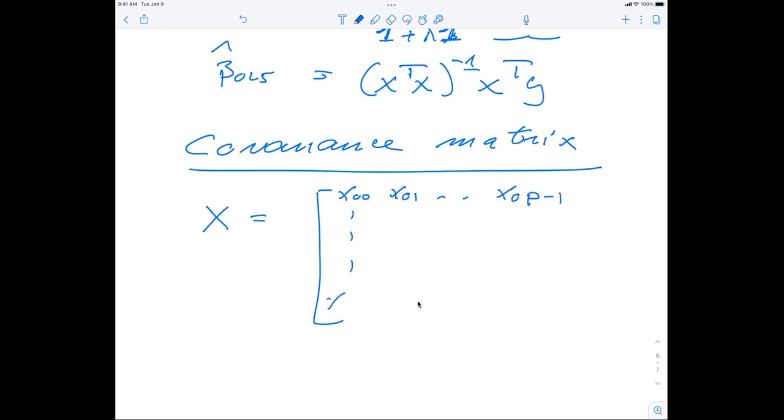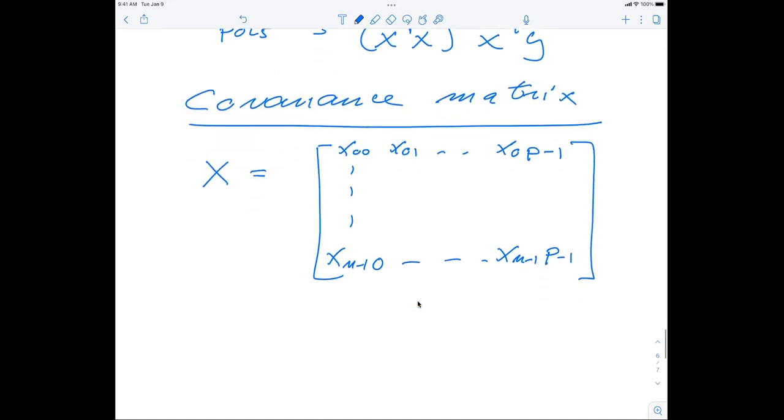And then we have xn-1,0. And then we end up with xn-1,p-1. So let me put this as an uppercase letter. You can rewrite this as a set of vectors. So we could have a vector x0, x1, and then up to the vector xp-1. That's another way to write the design matrix which we had.